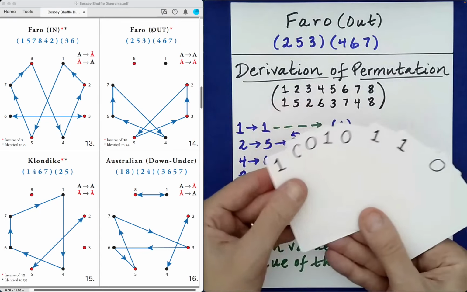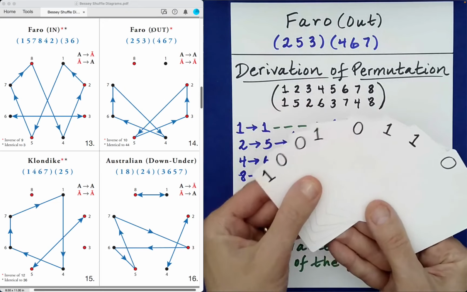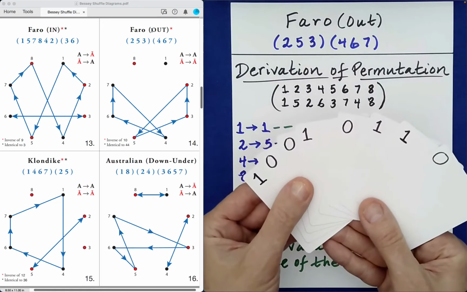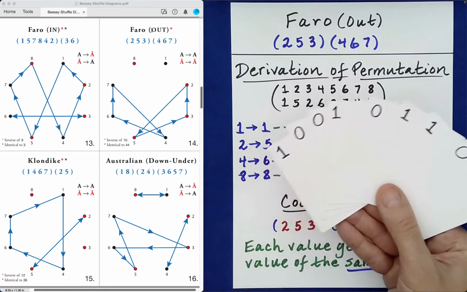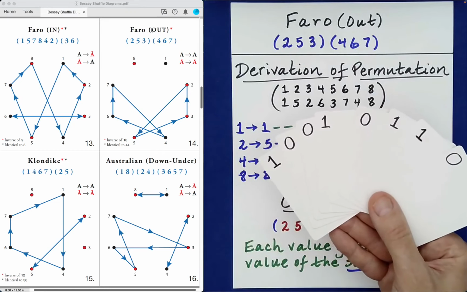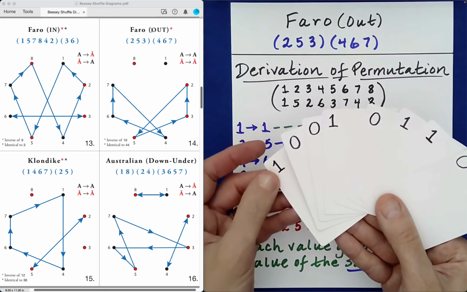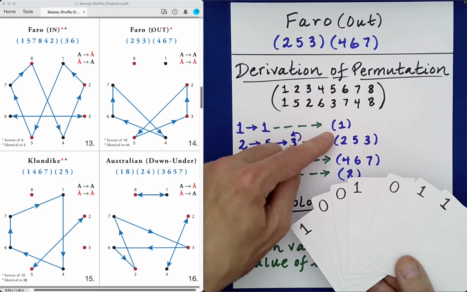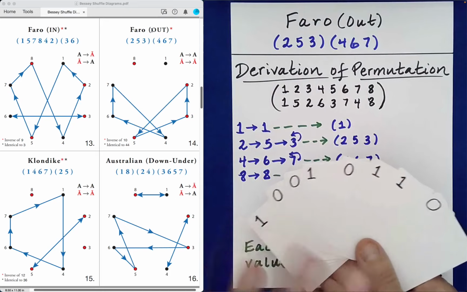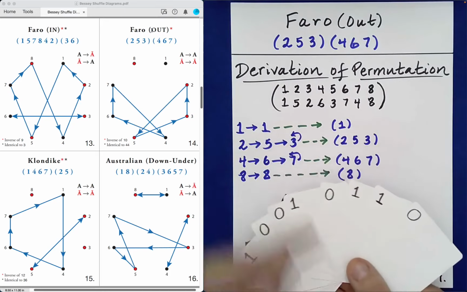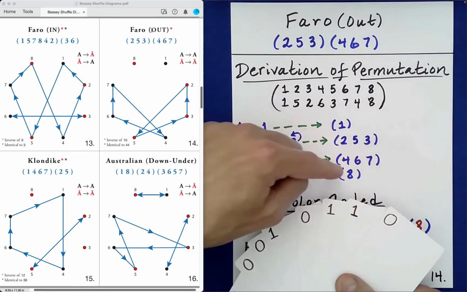So we'll still get 1, 0, 0, 1, 0, 1, 1, 0, despite the fact that the ones are moving around among themselves, with the exception of the first one, since that's a fixed point. And the zeros are moving around among themselves with the exception of the last zero, which is a fixed point as well.